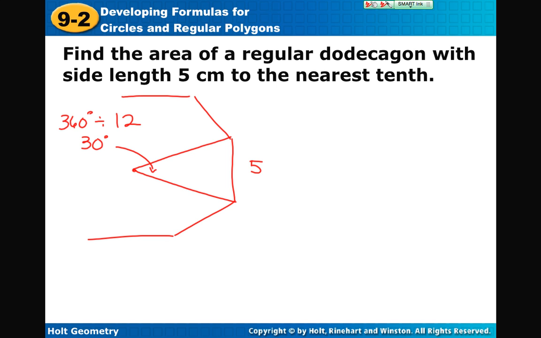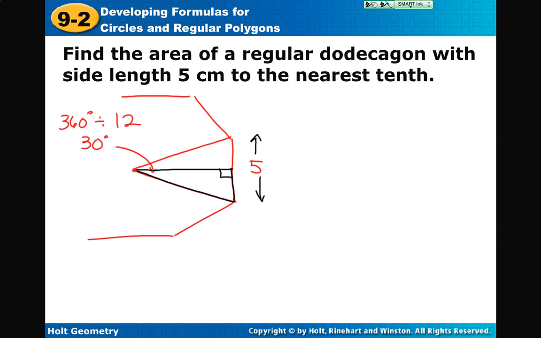Now, I want to find the apothem. So I'm going to look for a way to find this perpendicular length. We've been solving right triangles a lot. We should be able to work with it if we know some information. What do we know about that triangle? Well, this whole side was 5.